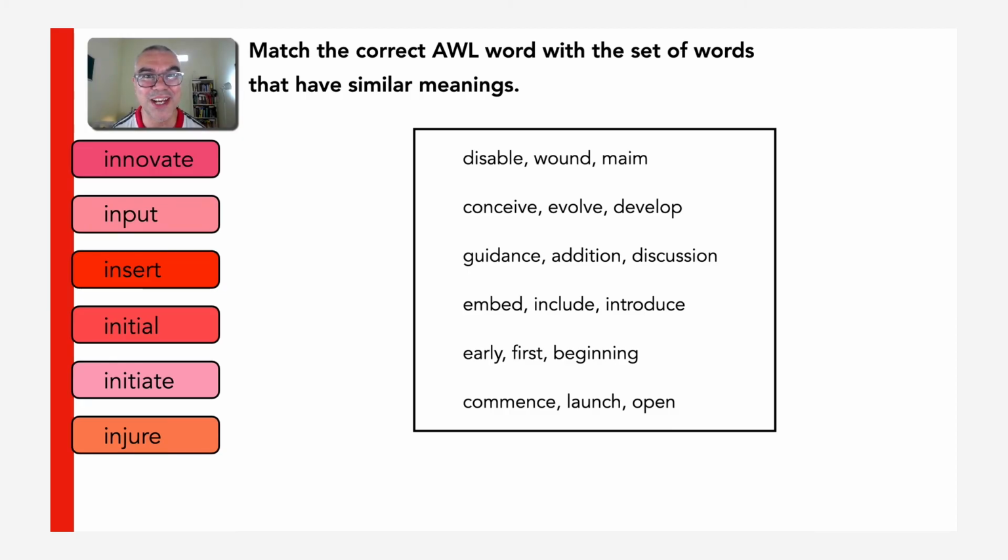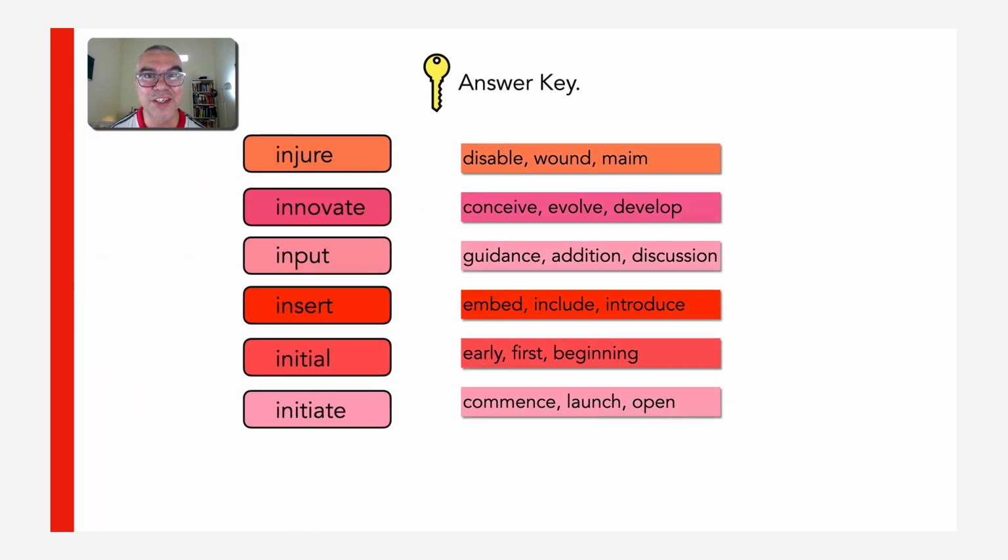All right, here we go with the answer key. This is where the words match together. So injure matches with disable, wound, maim. Innovate has a similar meaning with conceive, evolve, and develop. Input goes with guidance, addition, discussion.